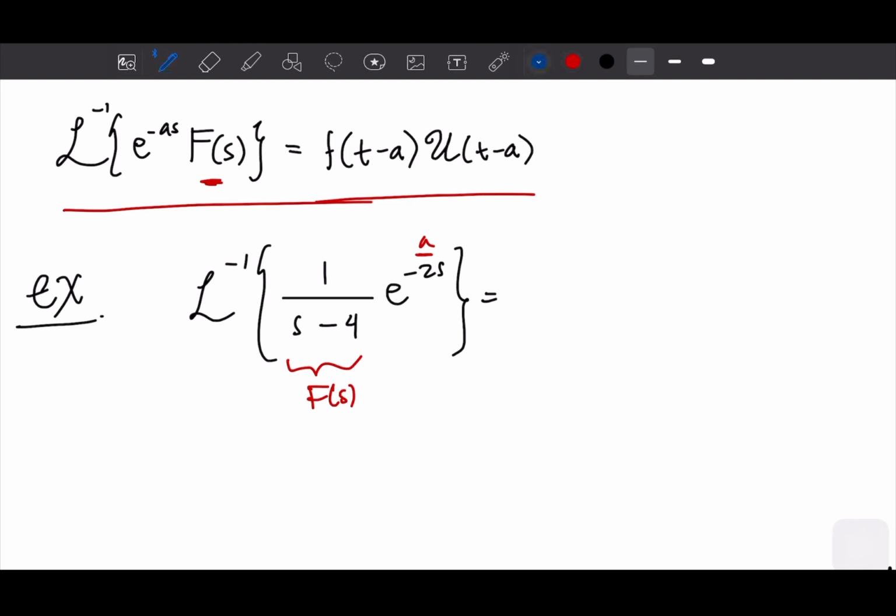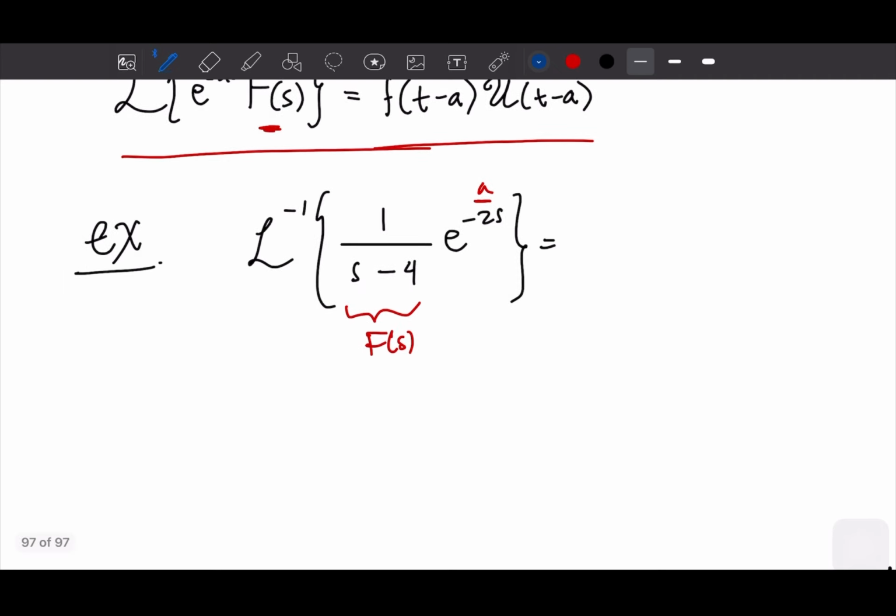Maybe before we take our final results, we take this capital F of s. Take the Laplace inverse of 1 over s minus 4. This will be e to the power of 4t, right? And then we multiply with the Heaviside function.